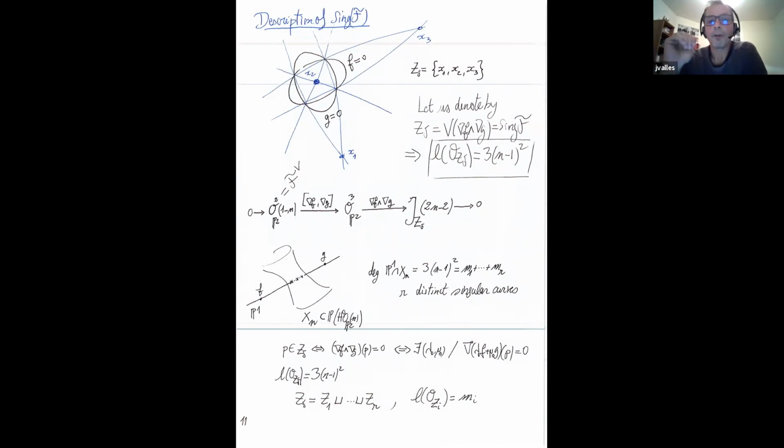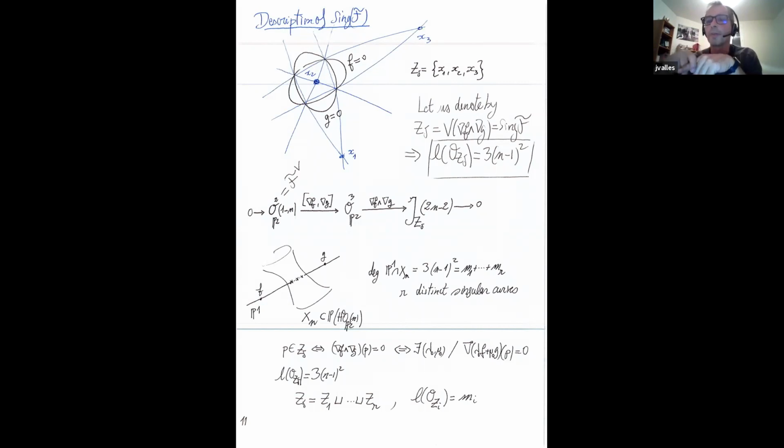And moreover, since we assume that F and G meet transversally along n square points, in these points there are no singular curves in the pencil passing through.